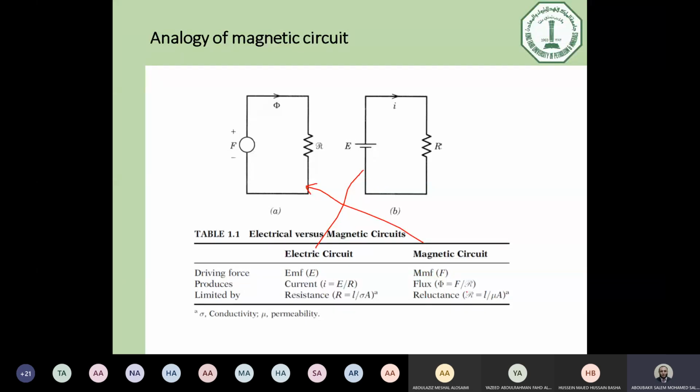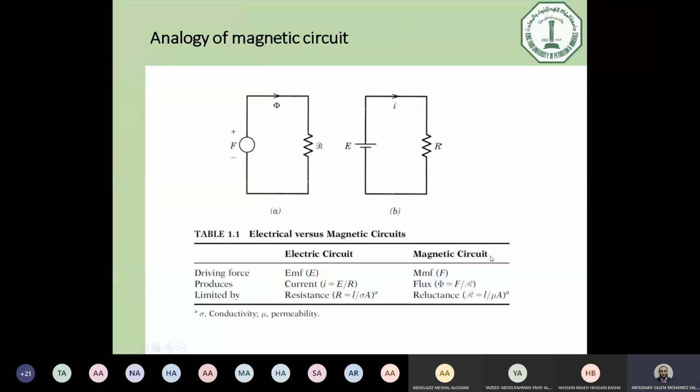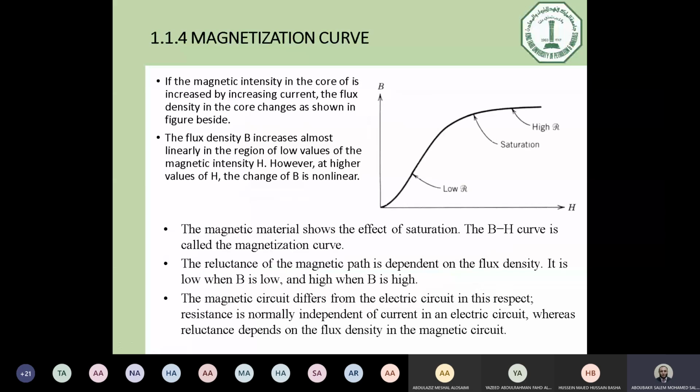And the relation is reluctance equal to L divided by mu A. Take care, the small a here refers to the footnote. It's not a power. This is just to refer to this comment here. So this is the comparison between the two circuits.